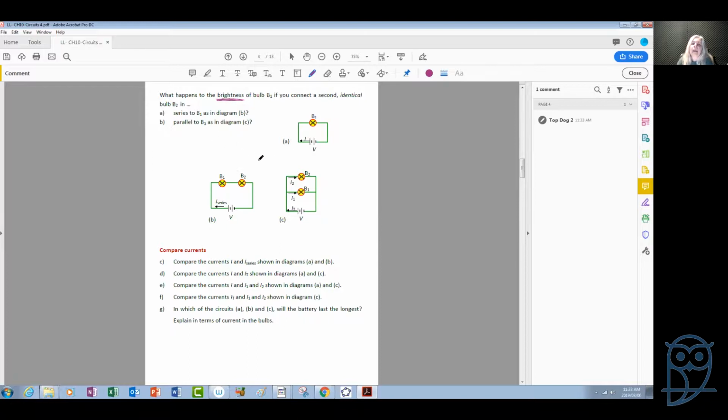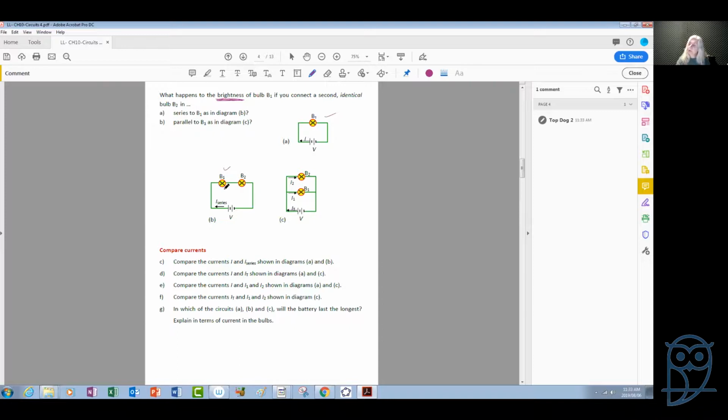If we compare the brightness of bulb B1 in this circuit where it is alone connected to the battery, and in this scenario where it is connected in series to another bulb, what are we going to see?